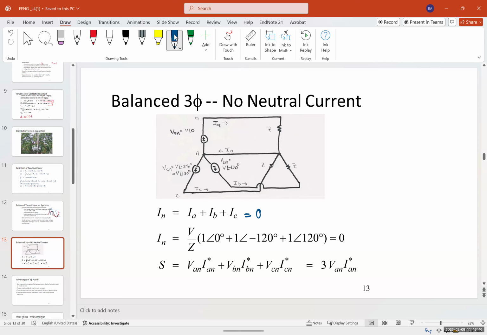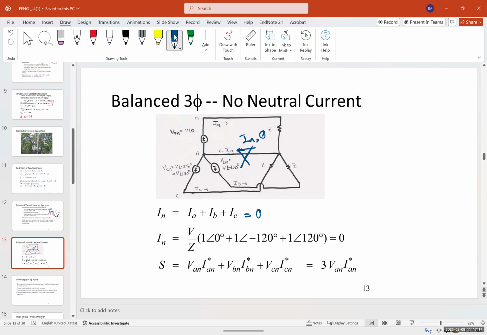And because the current passing the neutral is 0, we can eliminate the connection between the two Y connections. So again, the neutral current in a balanced three-phase star is 0, and the apparent power is going to be 3 V AN times I AN conjugate. So it's 3 times the power of each phase.